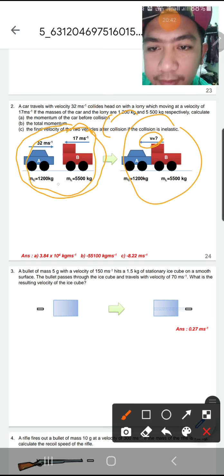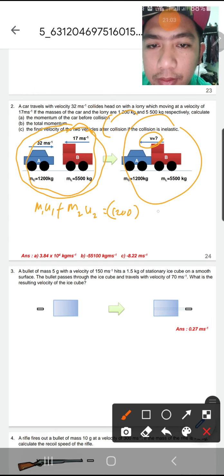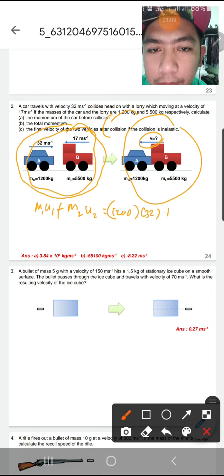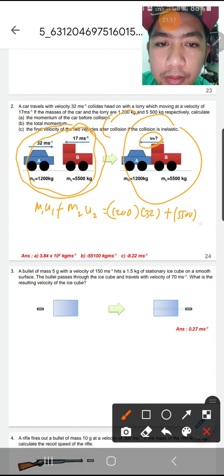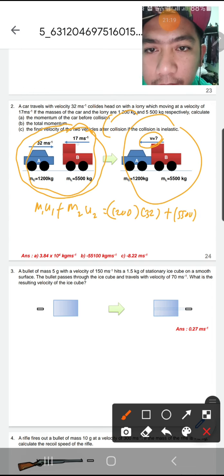Alright, so just write, this is an inelastic collision, right? M1 U1 plus M2 U2. So just substitute. M1 is 1000 times the initial velocity 32, plus M2, the mass of the lorry, 5500, and look at the direction here.